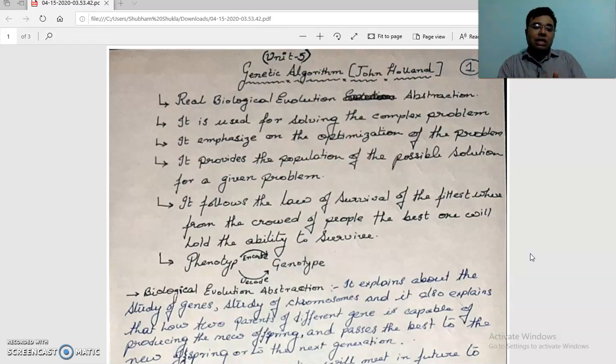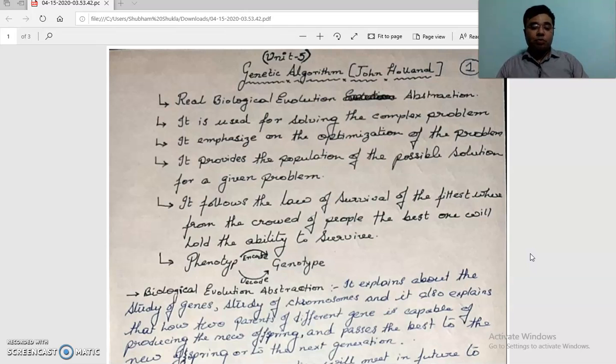When the new data again meet amongst themselves, they produce another generation of data, and while doing that, they are actually optimizing the result. So this is the main objective of the genetic algorithm, that the meeting process amongst the population continues in order to produce the best possible solution for the problem.